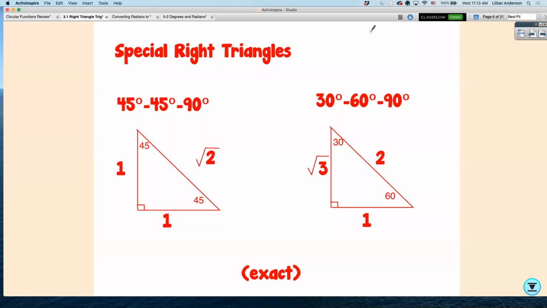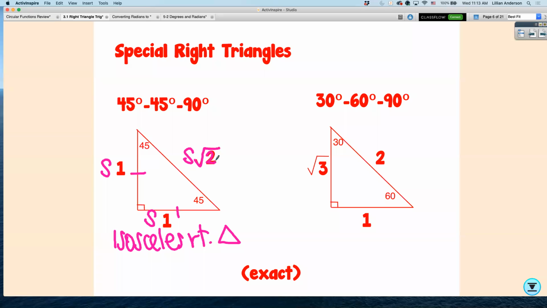So how you can use this is basically saying that if you have a right triangle that has two congruent side lengths, first off, this is called an isosceles right triangle. And the legs, whatever the length of the legs are, the hypotenuse is always your leg times the square root of 2. Sometimes you could see this as an S, and then S root 2.